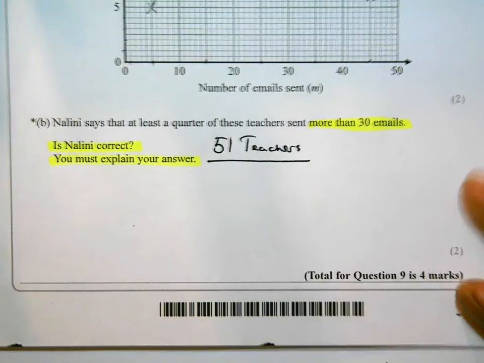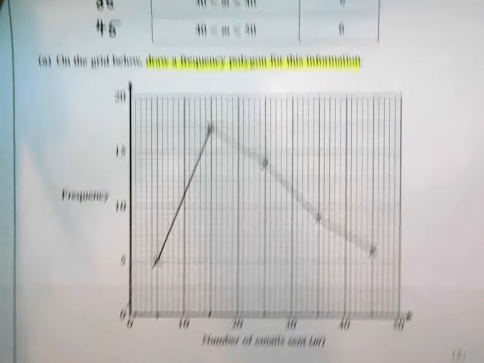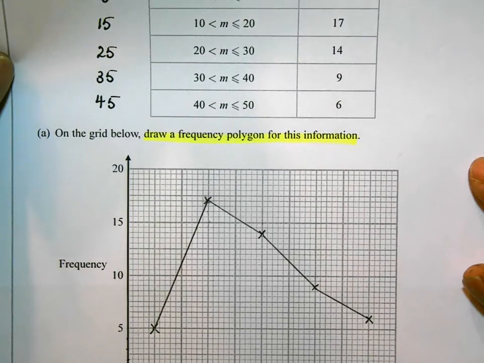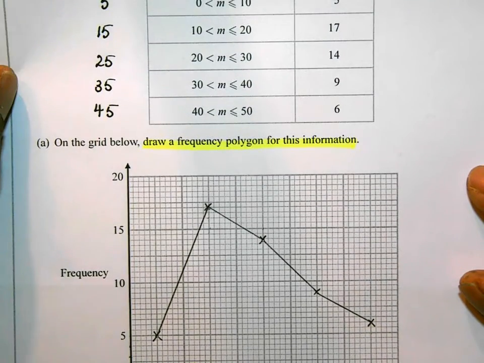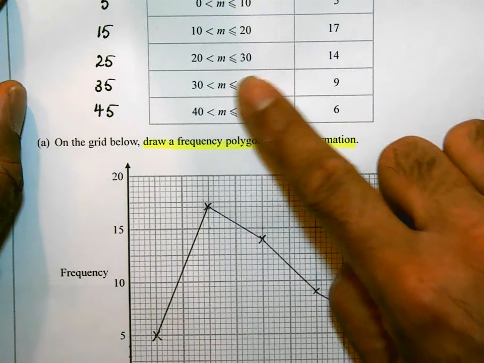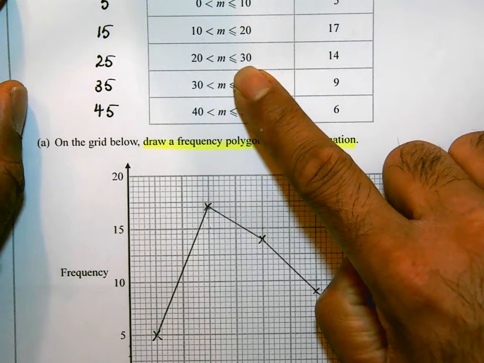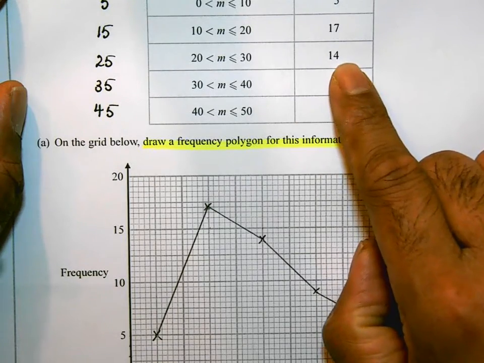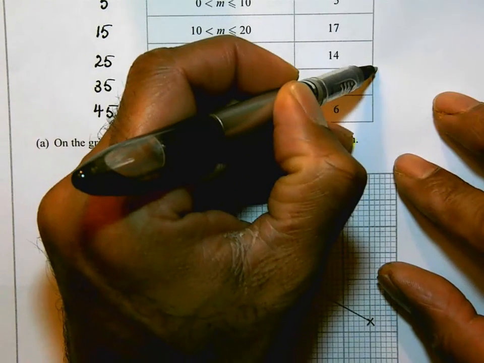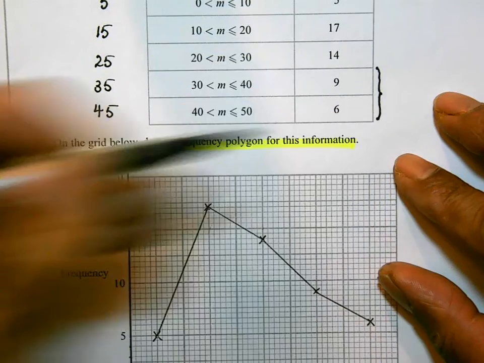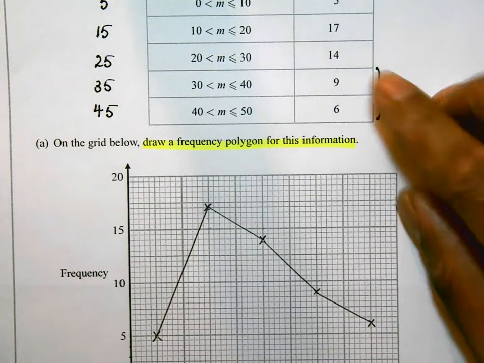Okay, so 20 to 30, now that's less than or equal to 30, so these aren't included. However, the people who sent more than 30 emails are going to be in these two groups. That's those 9 and 6 teachers. So 9 plus 6 teachers sent more than 30 emails.